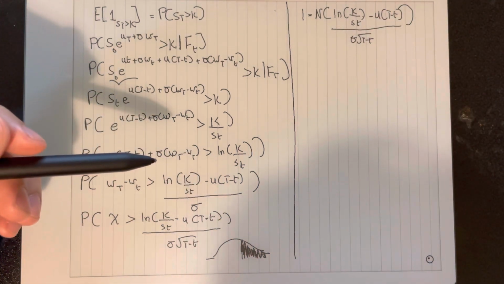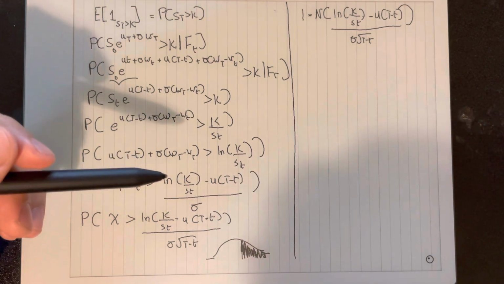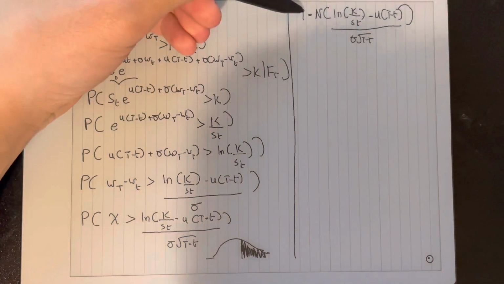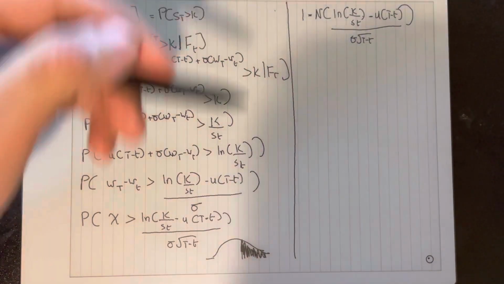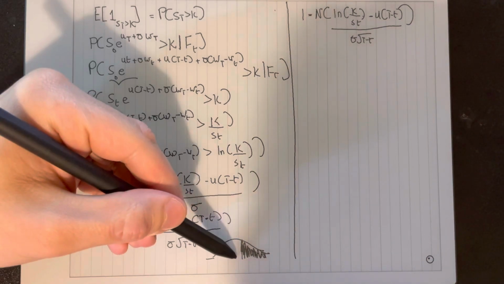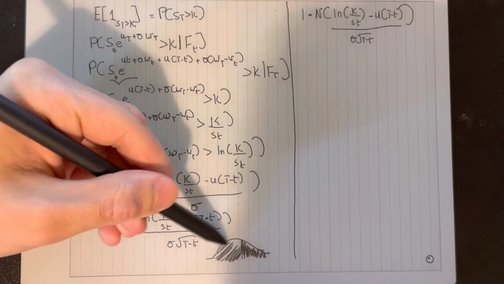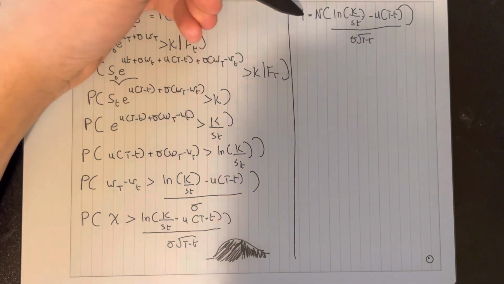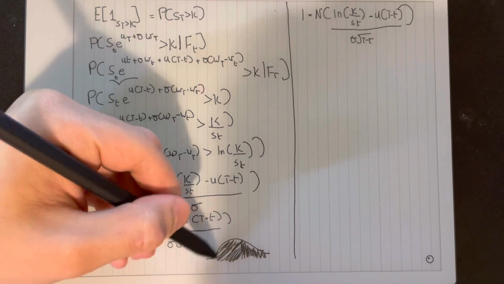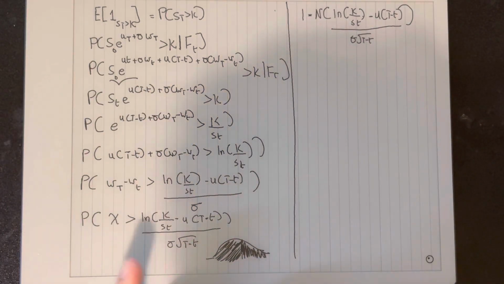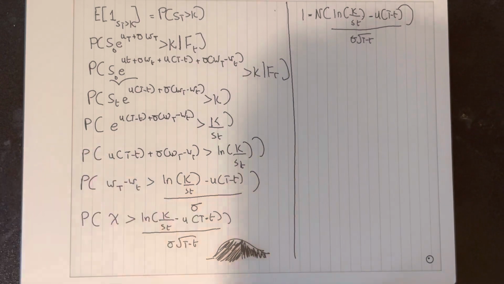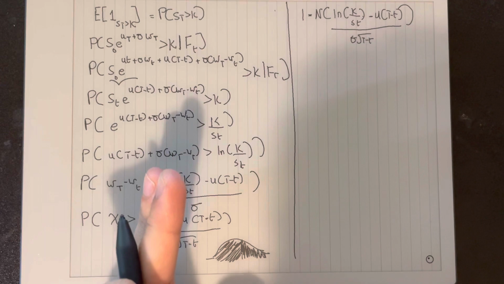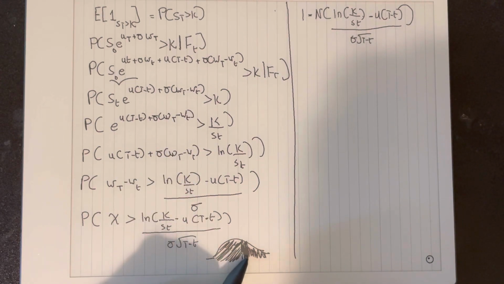So in essence, what we need to do is figure out the area on this side. What I did over here is basically this normal distribution shows us all the area which is on this side, and what I had done is take 1 minus all this information, all the area which is less than this value over here. And if I subtract it from 1, that gives us the value which we are actually trying to find.